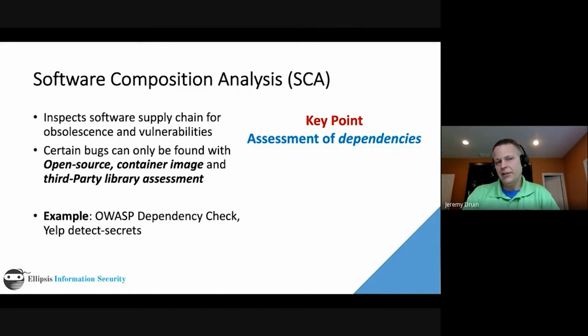To test these types of dependencies, we can use a tool that is dependency aware. Essentially, they're scanners that keep track of the weaknesses that are in different open source products and the version.